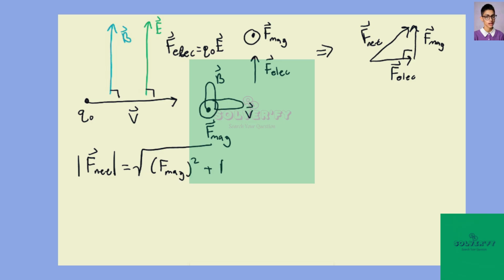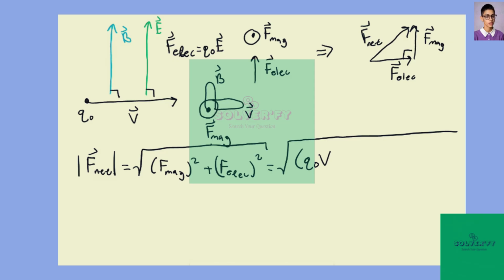Now, what do those look like? Let's think about what these force magnitudes are in equations. If we want the magnitude of the magnetic force acting on this charged particle, we need the value of the charge, its speed, the magnitude of the magnetic field through which it's traveling, and the sine of the angle between the two, squared. Plus, again, as we just reviewed, the force from the electric field acting on this charge is Q naught times the value of the electric field, all squared.